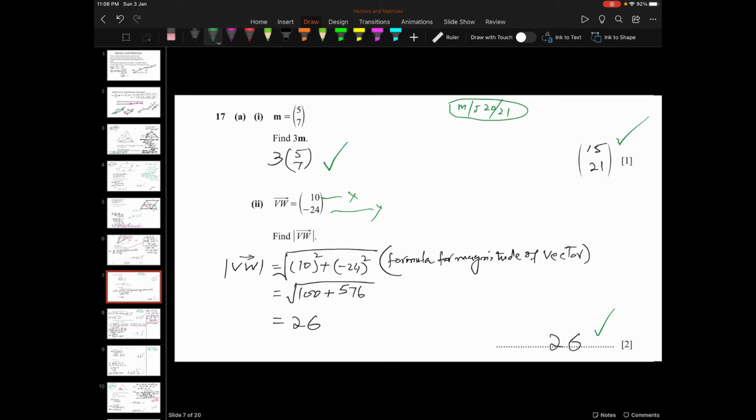So the magnitude of vector VW is equal to square root of 10 square plus negative 24 square, which is equal to square root of 100 plus 576. And after using the calculator we got the magnitude of vector VW which is 26.